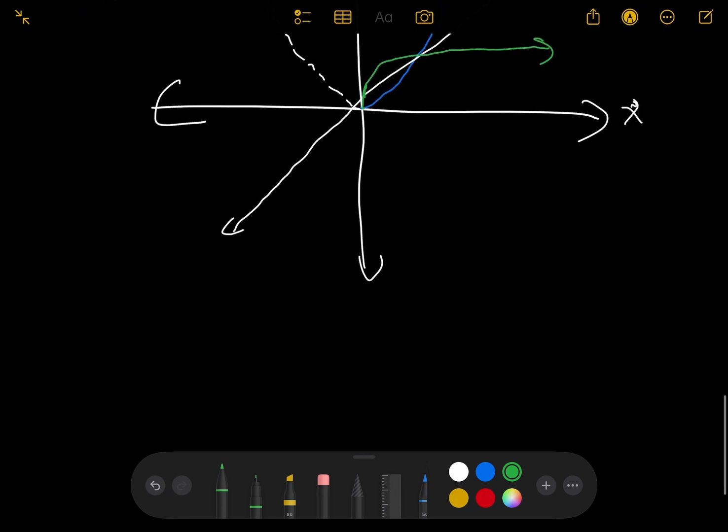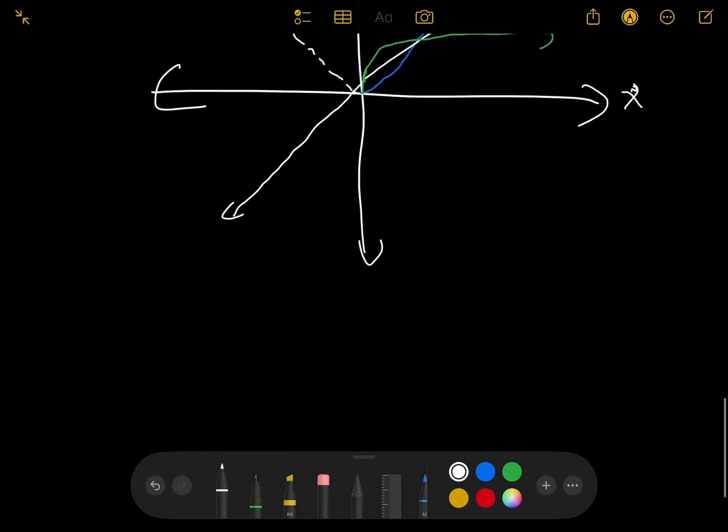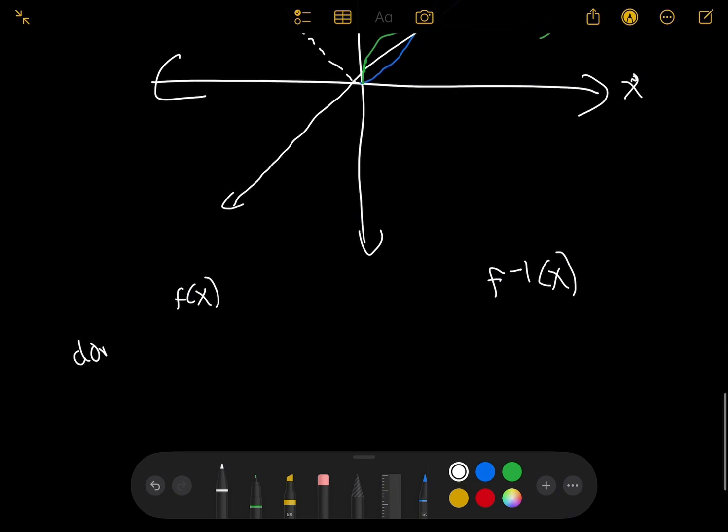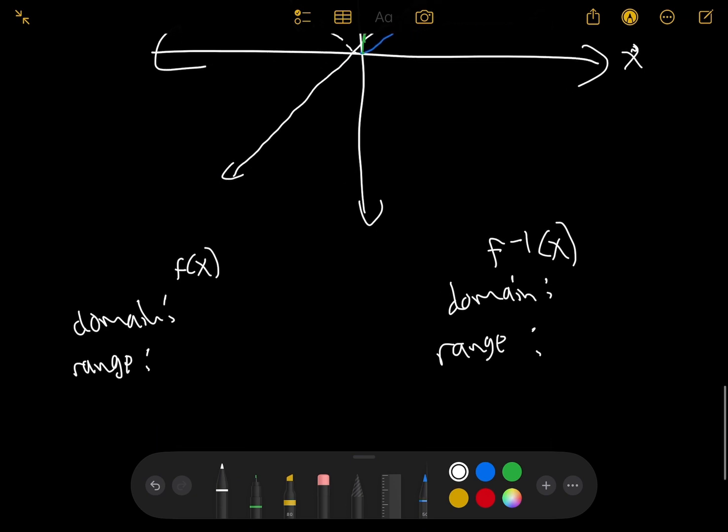Let's begin with f of x, and then we'll have our inverse over there. So let's compare the domain and the range once again.